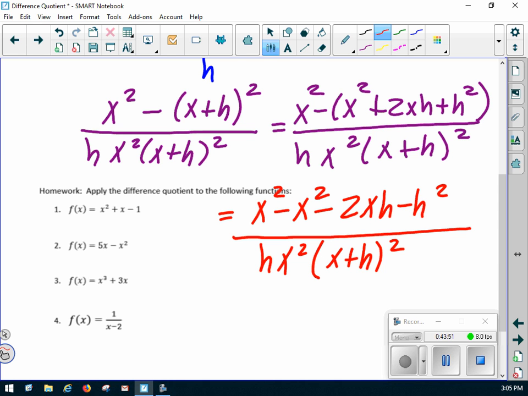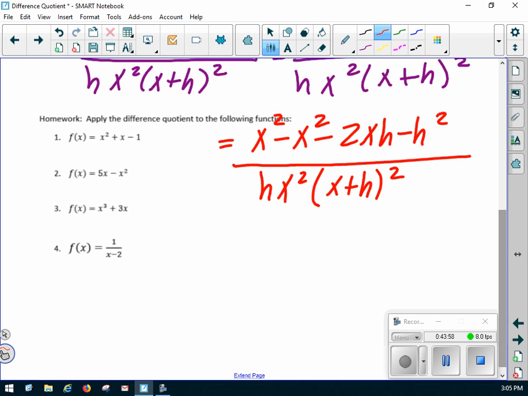Are you okay so far? Now I'm going to look to see if I've got stuff that'll cancel, and if I don't, I've screwed up. Let's see if we can save ourselves a step. Look at what I've got left in the numerator. Negative 2xh minus h squared.